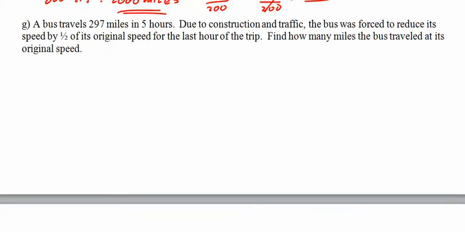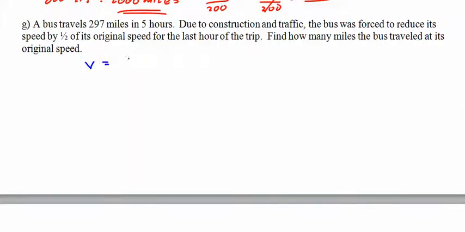So, one last one. Bus travels 297 miles in 5 hours. You might think it went at a constant speed, so you have to carefully read the question. I had a little trouble with it. Due to construction and traffic, the last hour, it had to go half its original speed. So now find how many miles the bus traveled at its original speed. So, one more time.